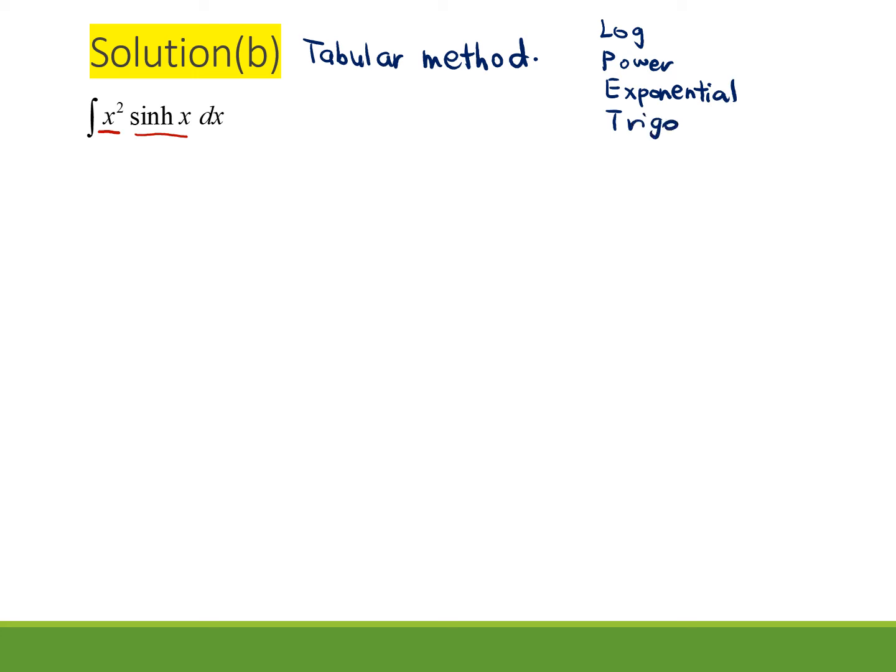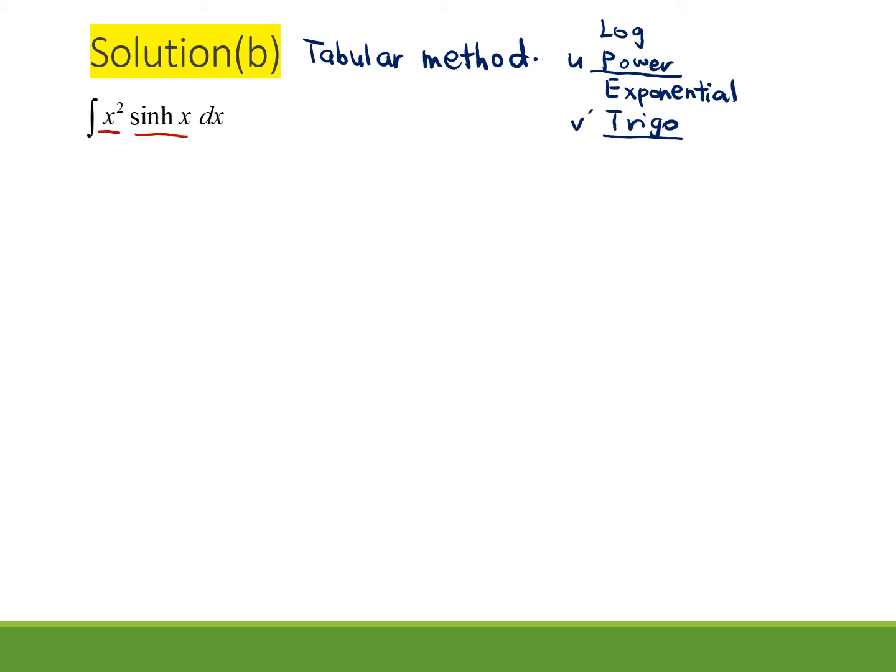So whichever function comes first will be differentiated. So for this case, x squared is power and sine hyperbolic x is trigo. So the power x squared will be u and trigo will be integrated.